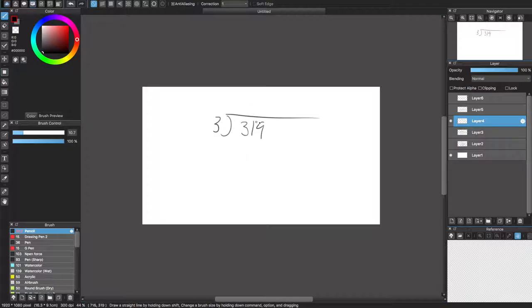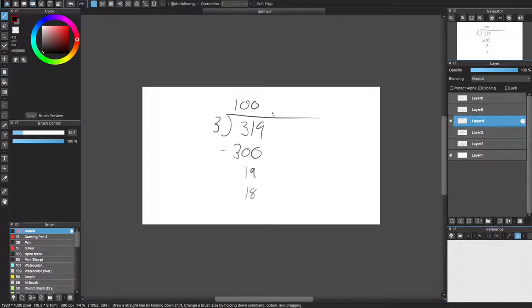So we can divide this by 100, and we'll take away 300. So 300 divided by 3 is 100. Minus that equals 19. And then, what's a number smaller than 19 that divides by 3? It's 18.